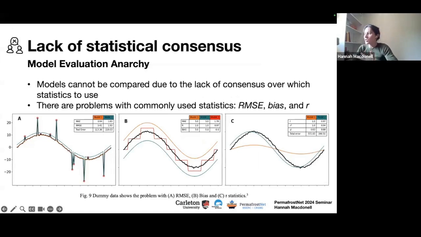So the first of these challenges being the lack of statistical consensus on which metrics we should use to summarize model evaluation. And what that means is we end up with a bunch of different numbers to summarize performance in the literature and no clear way to compare them. So if there was one main takeaway from my reading on summary statistics, it's that you really have to tailor your statistics, the way you're evaluating your model, to a predicted variable.